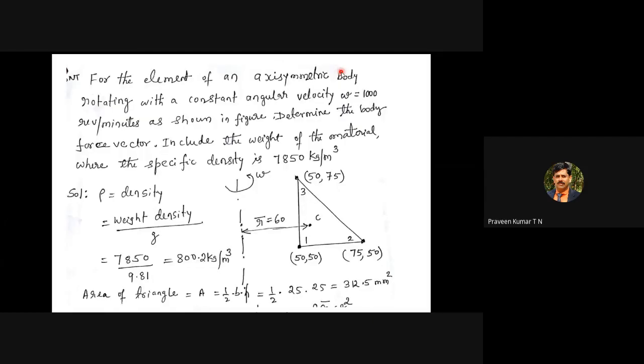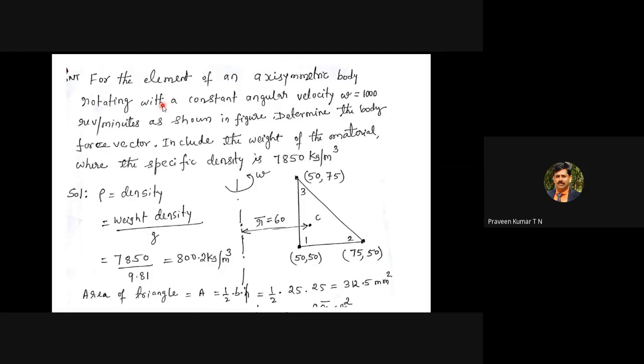Now we have to find the centrifugal force. The formula for centrifugal force is rho into R bar into omega square. We have to find R bar.